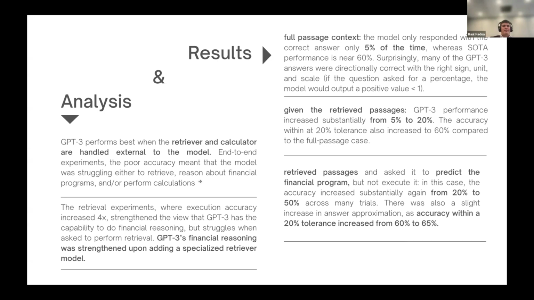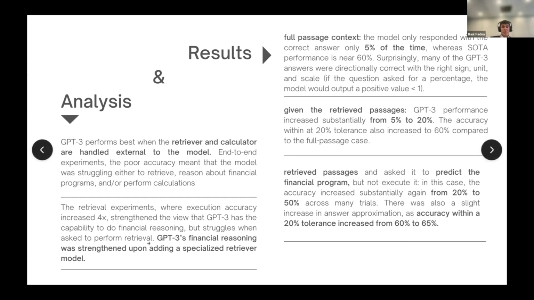It meant that the model was struggling either to retrieve the information about financial programs or to perform calculations. In addition, in the retrieval experiments, execution accuracy increased 4 times.